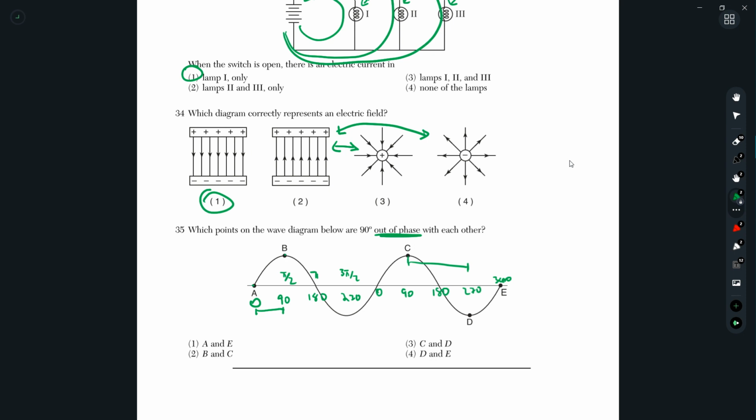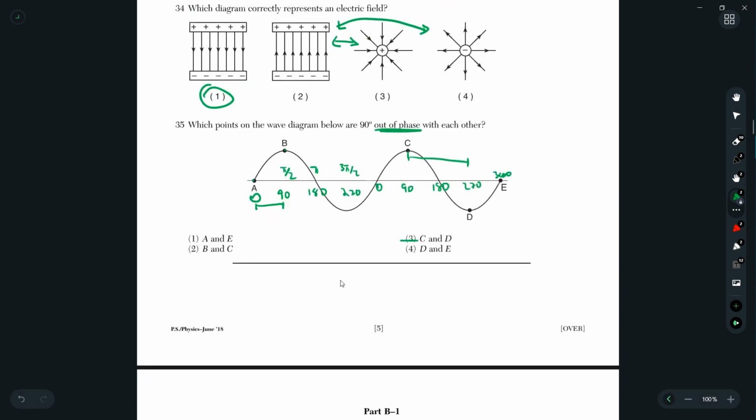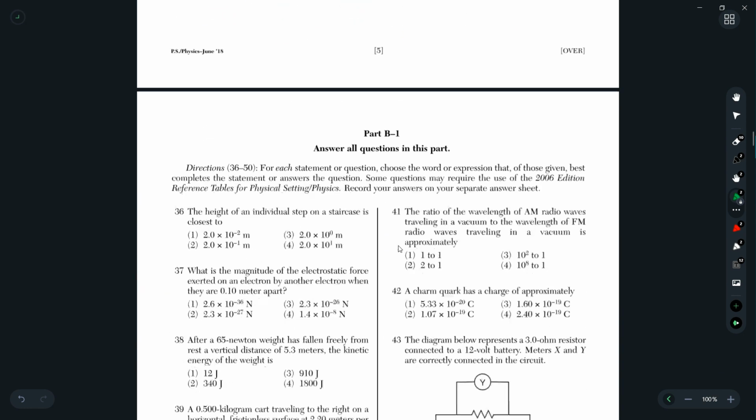B to C is 360, that's way too much. C to D is way too much. It's D to E. That's the spot where I'm at. It's from D to E. That's 90 degrees out of phase. Think of it like a sine curve, like a sine graph in your math class.